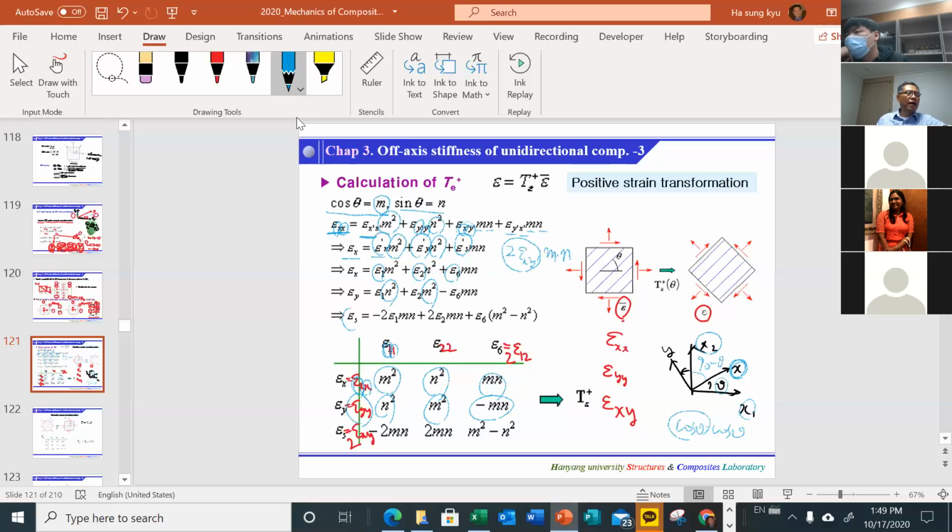And now epsilon s, again, exactly the same procedures. What is the angle between this and that and this and that? You will have minus twice mn and minus twice mn, and m and minus m means again the cosine square and sine square. Okay, so these are the relations.